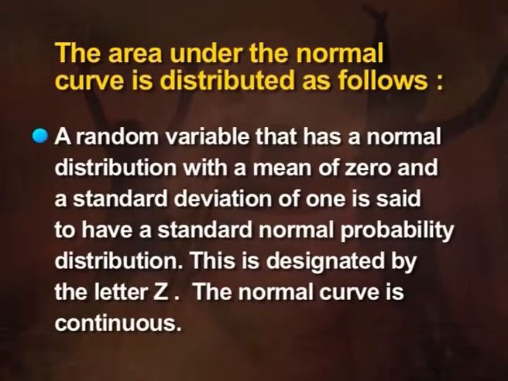A random variable that has a normal distribution with a mean of 0 and a standard deviation of 1 is said to have the standard normal probability distribution, and it is designated by the letter Z. The normal curve is always continuous.